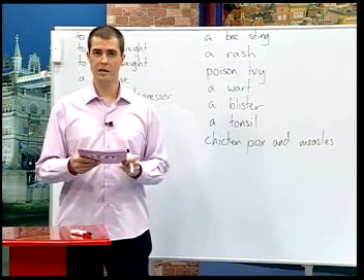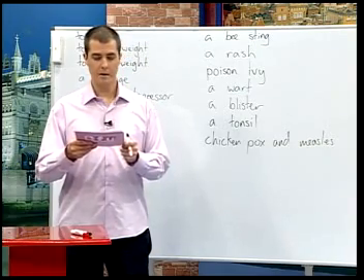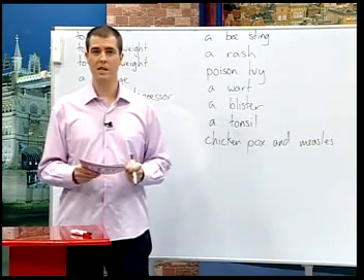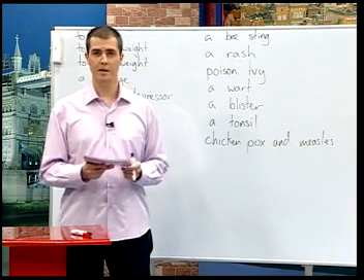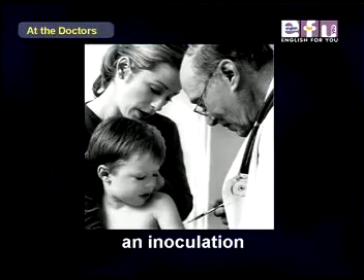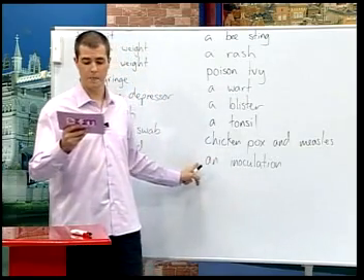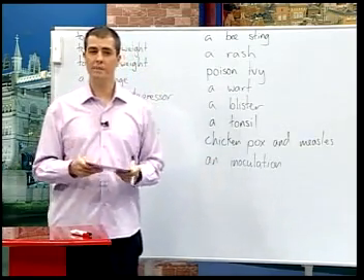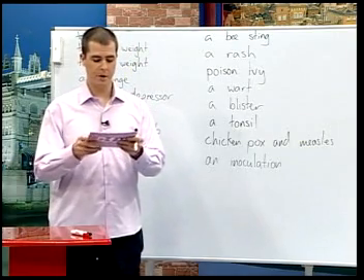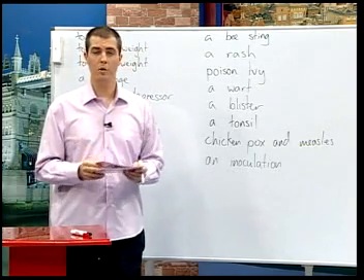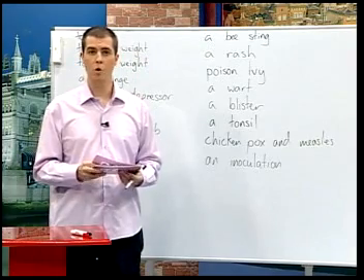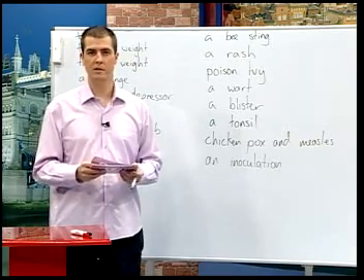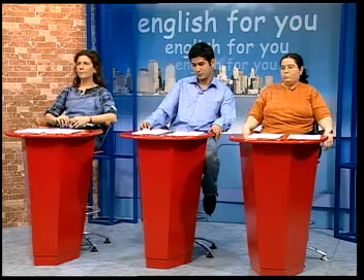You can especially see them by the spots that they create on the skin and the fever that they create in a person. An inoculation is an injection of a drug to protect a person against polio, whooping cough, or many illnesses, especially when you're a child.